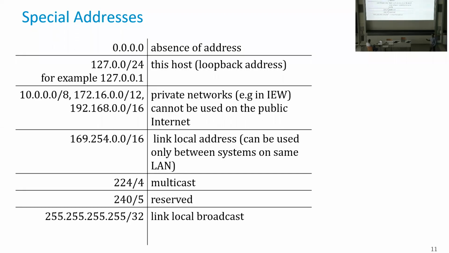That means this packet goes to all systems that are in the same subnet. Of course, there is no global broadcast. If there were one, you would be able to send one packet and it would go to all machines in the world. Of course, that would be a dream for attackers. If you want to do a denial of service attack, then you would use this. So of course, broadcasts are scoped within a LAN here.